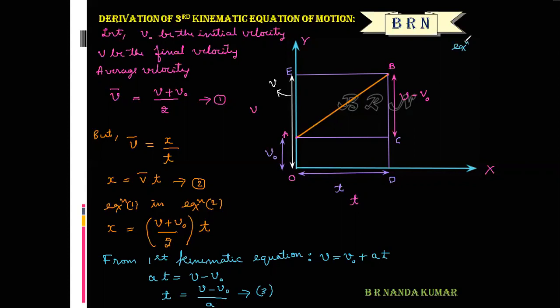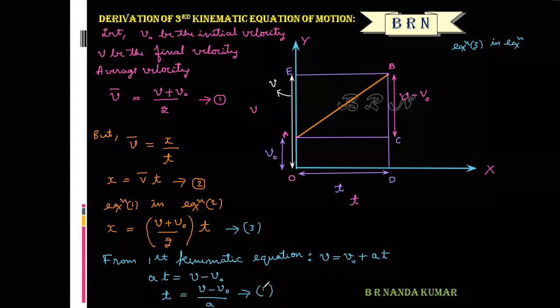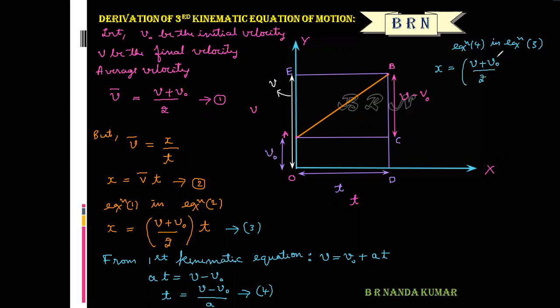Now substituting equation 3 in equation 4, we get x is equal to v plus v naught divided by 2 into the value of t from the first kinematic equation.